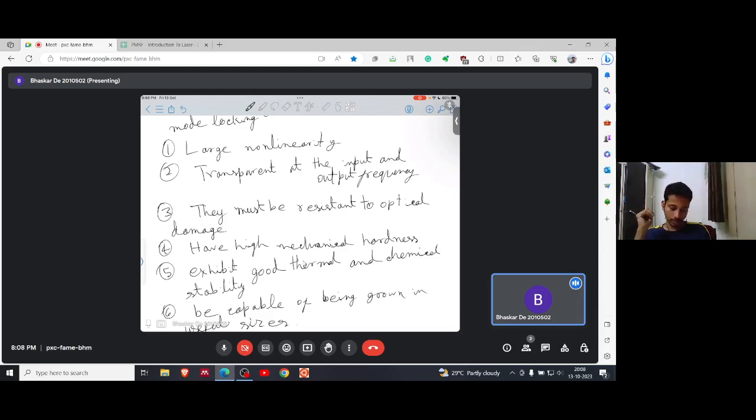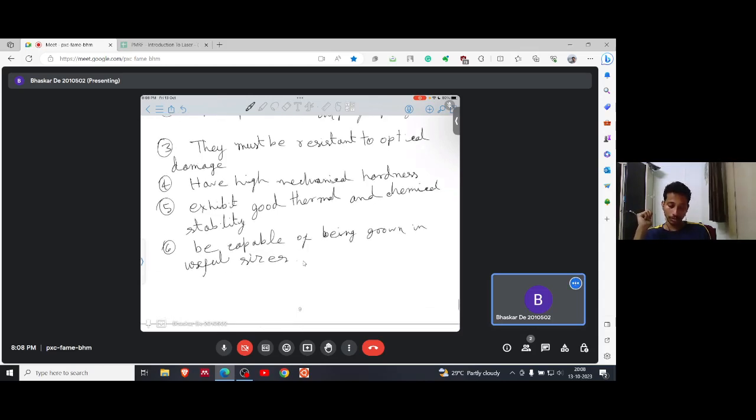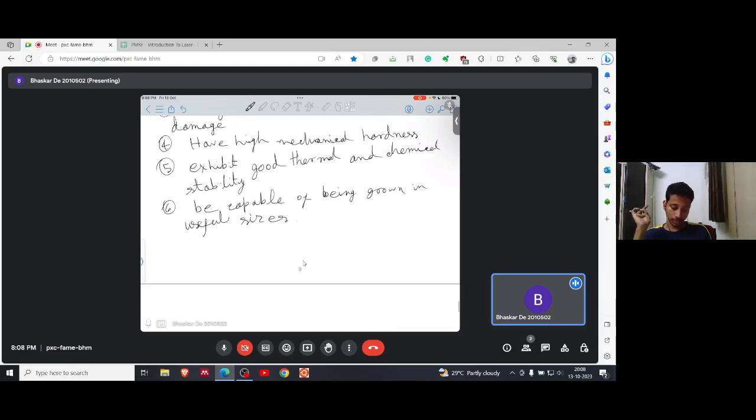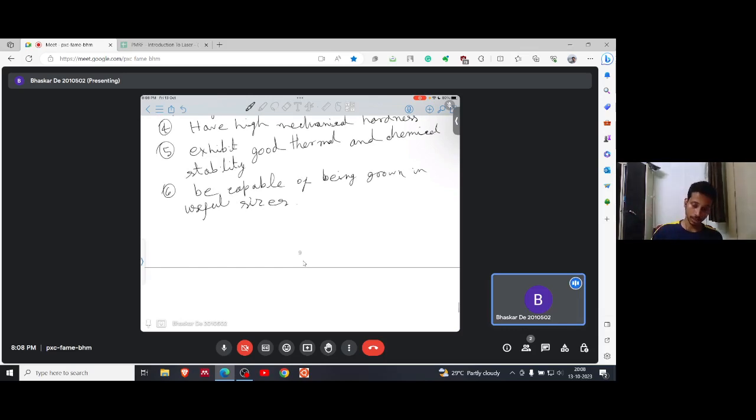And good thermal stability means that this material should have a large temperature range in which we can use the material, and be capable of being grown in useful sizes. So the size should be controllable.